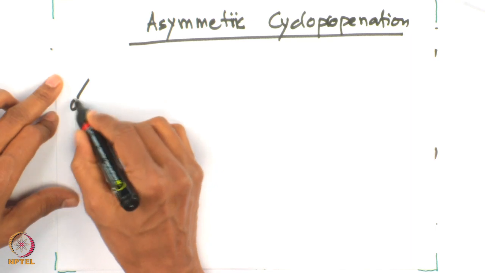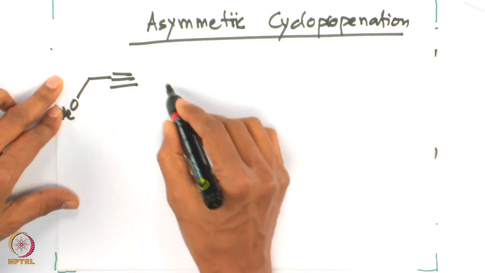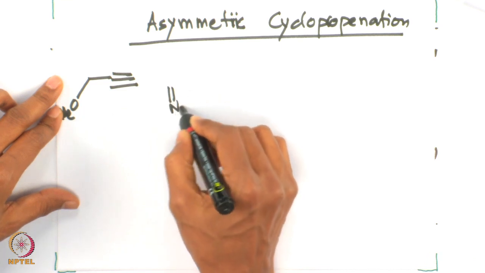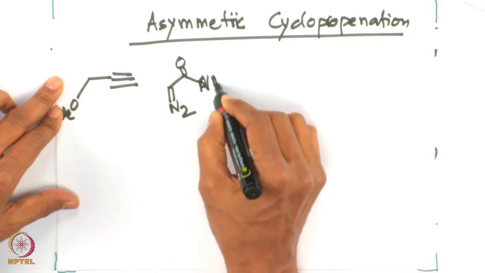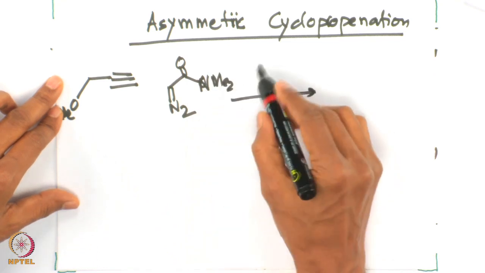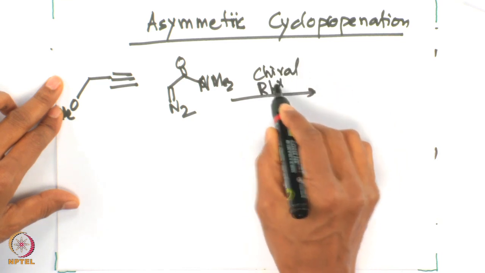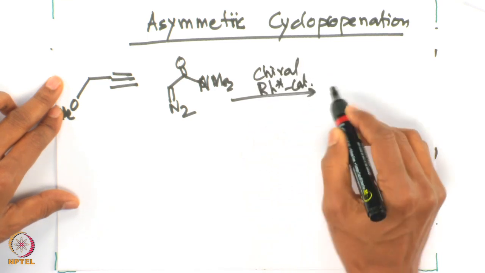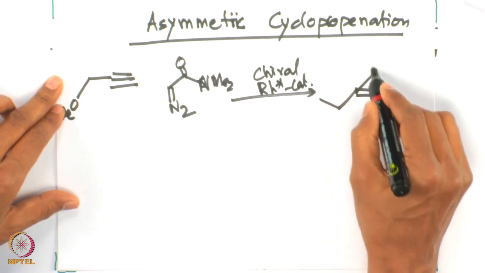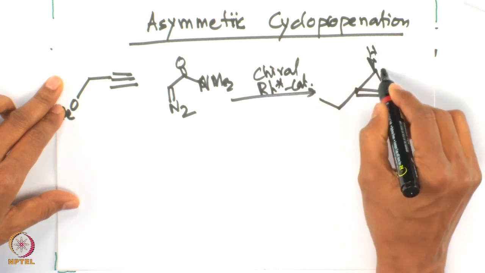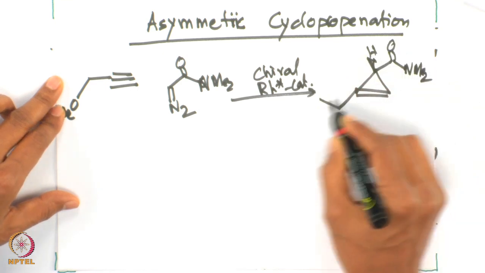The reagent we need is an alkyne and, let us say for example, a diazo ester, or rather amide, and a chiral rhodium catalyst in this case is used to give the cyclopropene. I hope you can appreciate this method for cyclopropene synthesis.